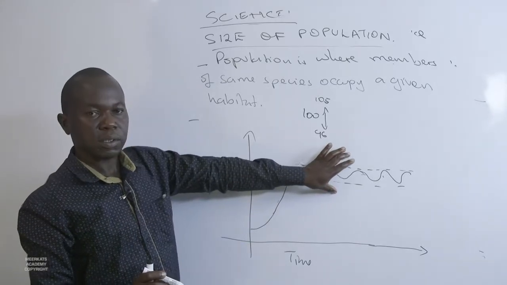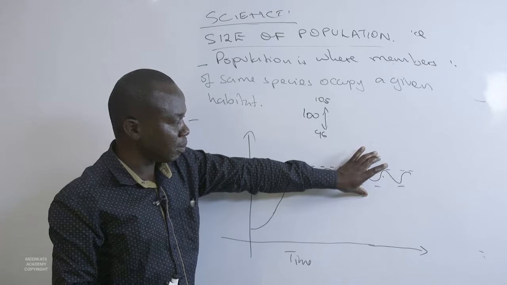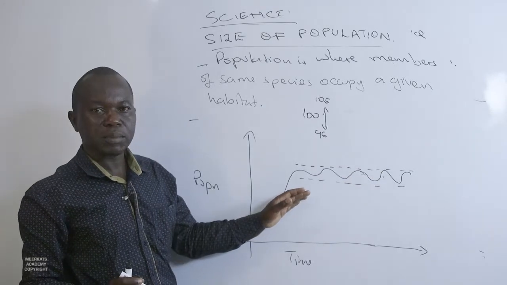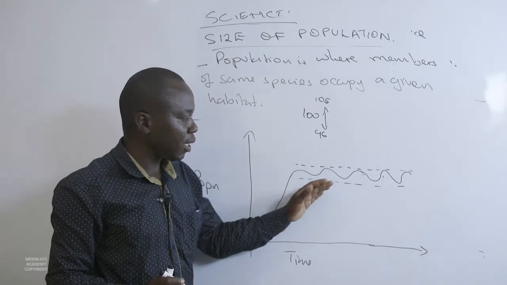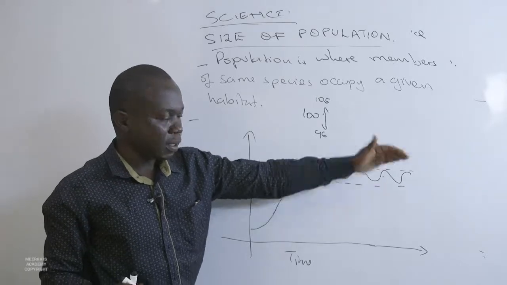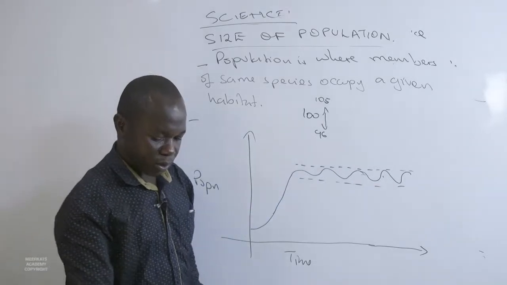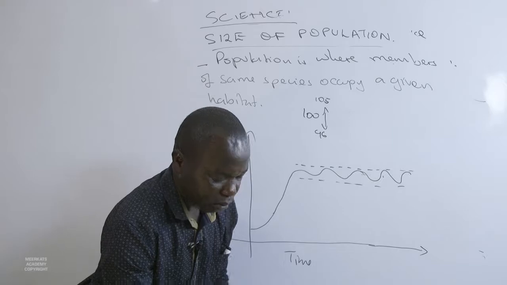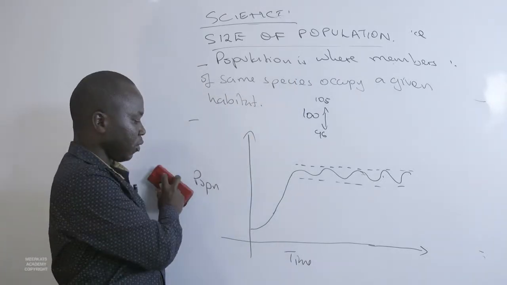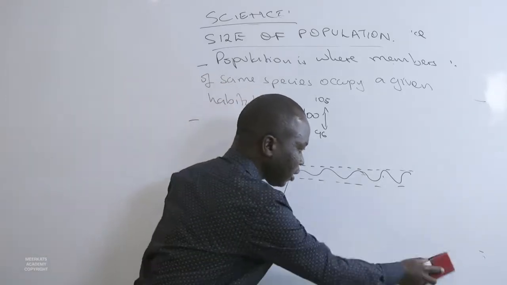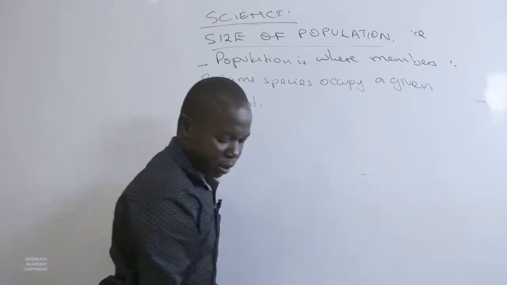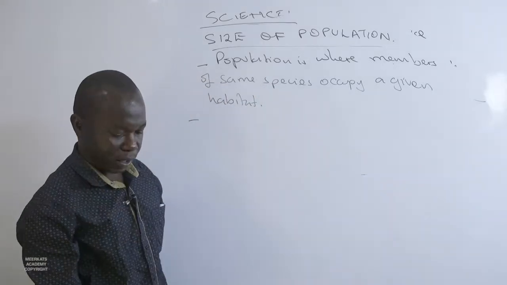It is because of the carrying capacity concept. The population of organisms cannot grow beyond the carrying capacity of the ecosystem. So they'll fluctuate within that range. So in essence, we should note that the population size of organisms is never constant, but it usually fluctuates. So the question is, why does it fluctuate?